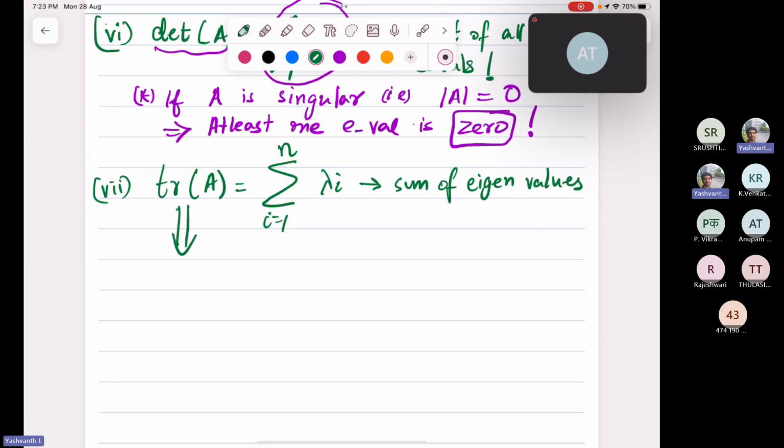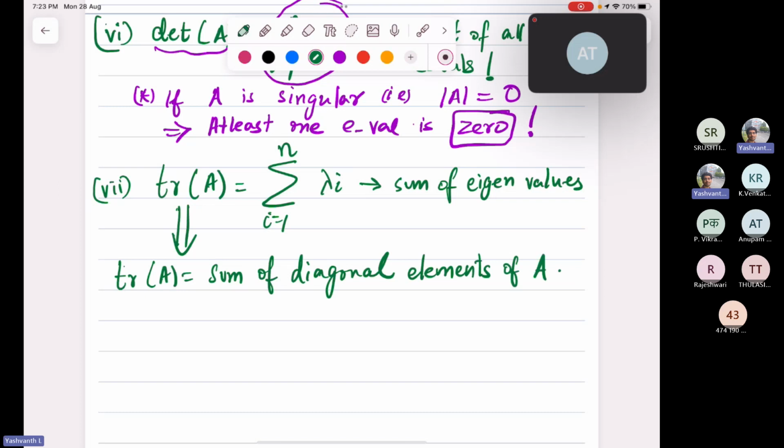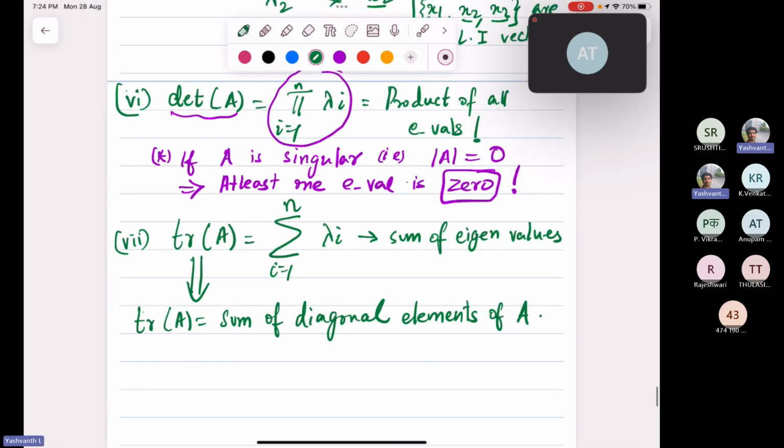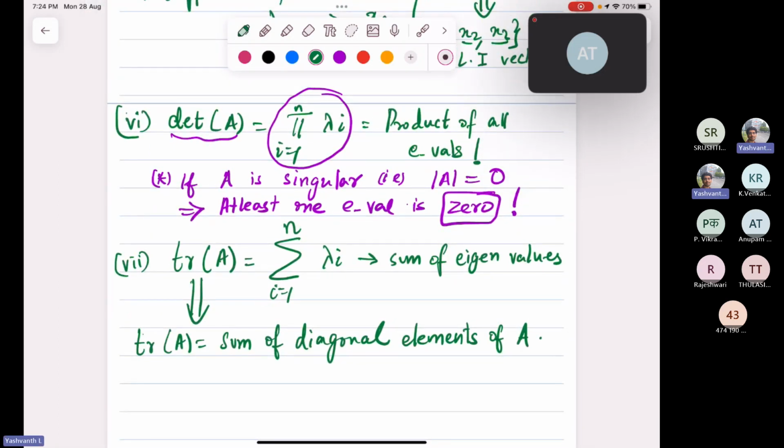What is trace? Trace means the diagonal elements. Correct. It is the sum of all diagonal elements of matrix A, and it is equal to the sum of eigenvalues of matrix A. The proofs are very simple, but they require a little more tools. So let me not do them, but just know the results.